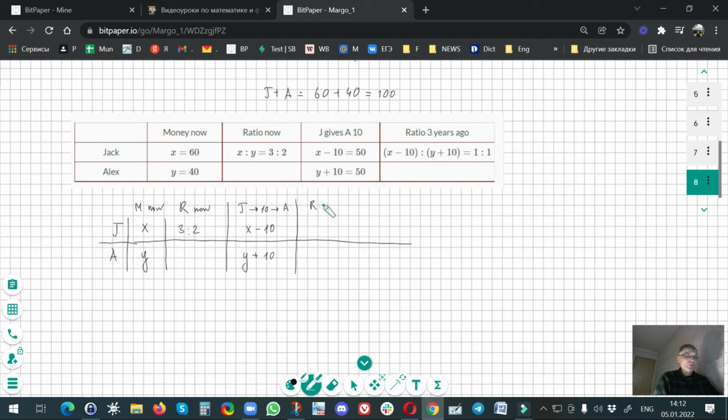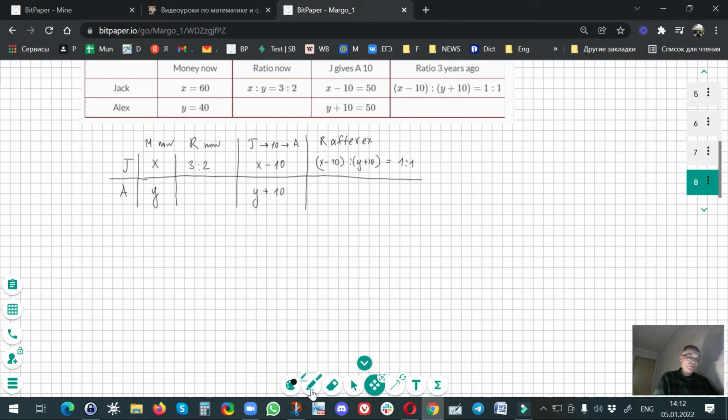Ratio after exchange is x minus 10 over y plus 10, and we know that's 1 to 1, and that's it. That's the table.